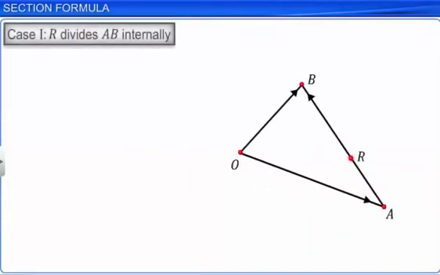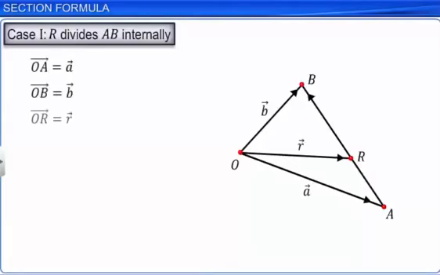First, let us consider the case where point R divides line segment AB internally. Let vectors A, B and R represent position vectors OA, OB, and OR for points A, B and R, respectively. Let point R divide line segment AB in the ratio m:n.